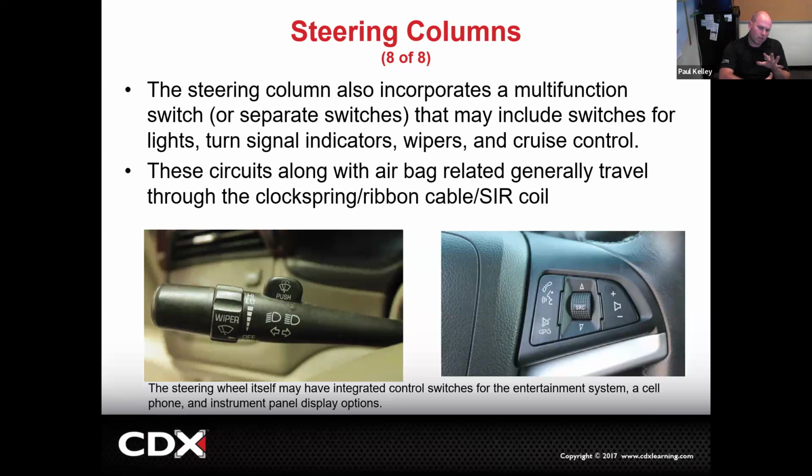It would have to go through the clock spring because it's mounted on the steering wheel. So all of these would go through the clock spring. Kind of see the difference. And by the way, ASE may call it the clock spring. They may call it the ribbon cable. I've heard it called the ribbon cable. Or it could be the SIR coil, SIR meaning supplemental inflatable restraint coil. Three names, same part. All the same.